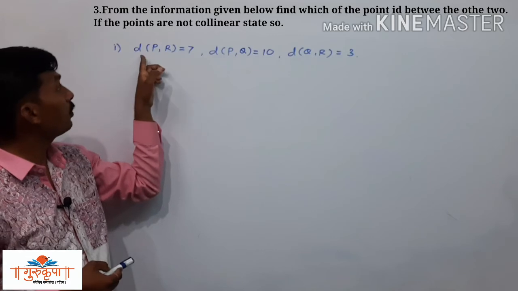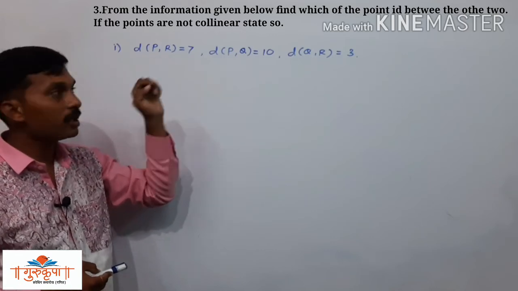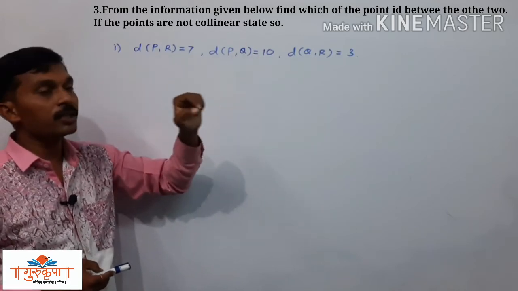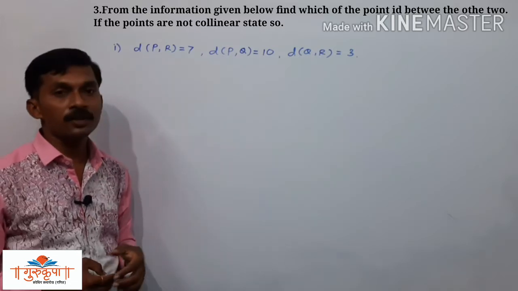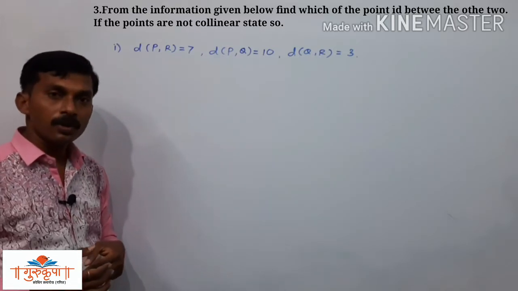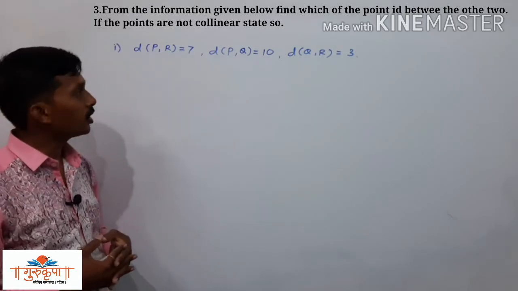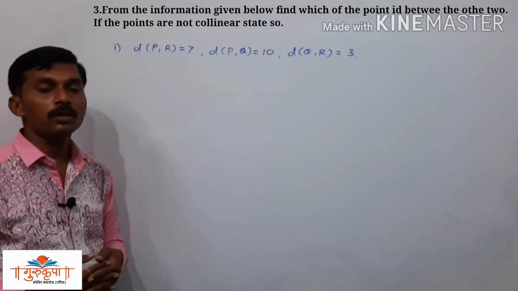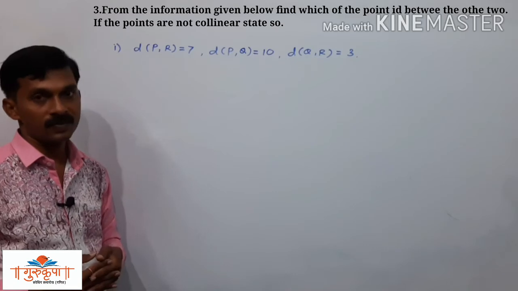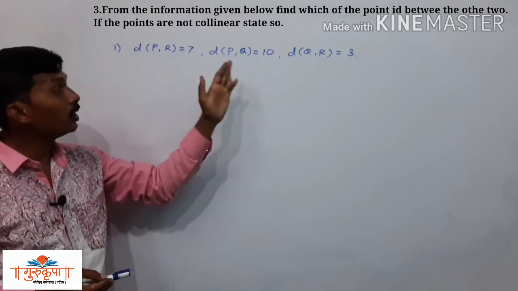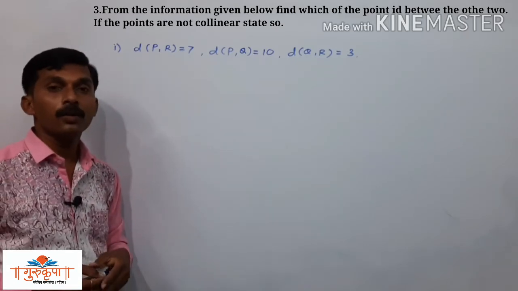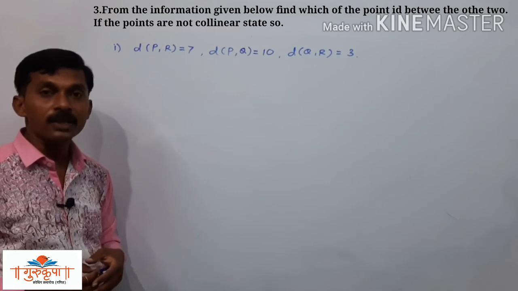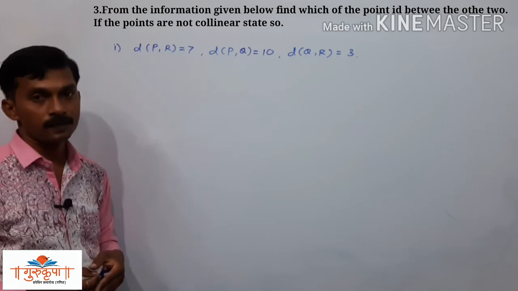See the first example, distance PR is given 7, distance PQ is given 10, distance QR is given 3, and we have to determine whether these 3 points are collinear or not collinear. And if these points are collinear, then we have to write which point lies between the other 2 points.